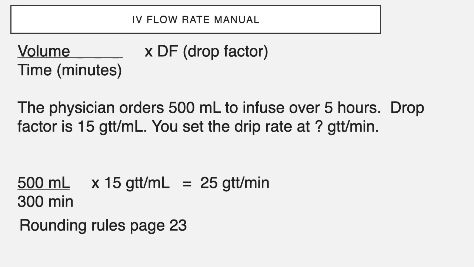Drops per minute is a standard formula: volume over time in minutes, multiplied by the drop factor or drip factor, whatever you have available or whatever is ordered. Once again, feel free to use whatever method DoseCal 360 or ATI has for you that you're comfortable using.